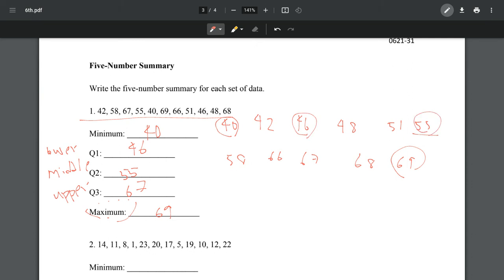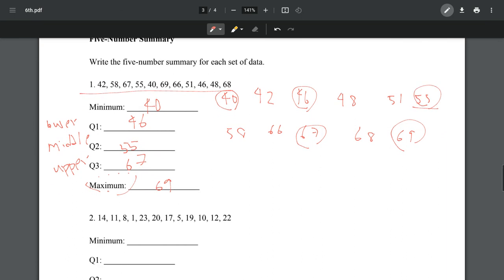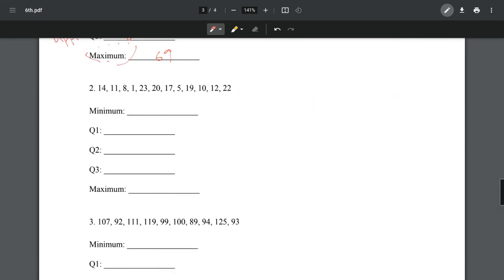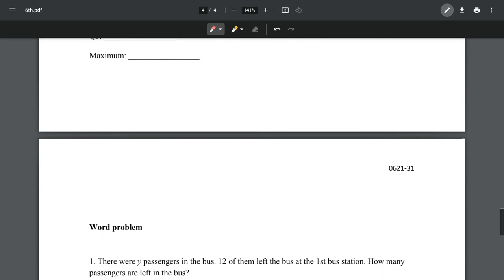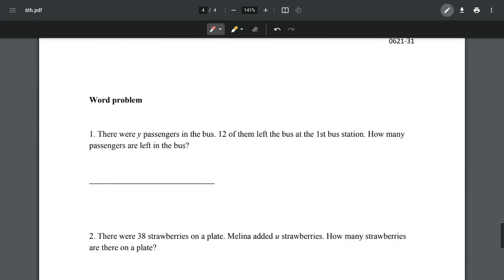The median, 55. And then quartile 3, that is 67. Okay. So for number 2 and 3, go ahead and list them in order from smallest to largest, and then find the minimum, quartile 1, 2, 3, and then the maximum. And let's move on to our last page.